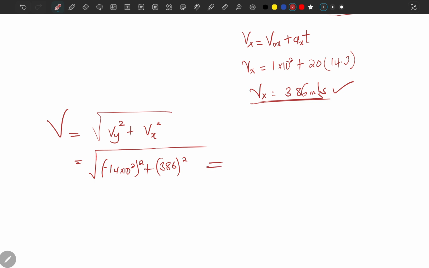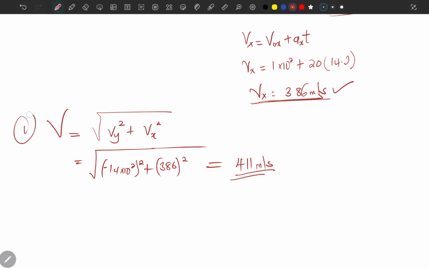Gather your calculators. So root, open brackets, negative 1.4 times 10 to the power 2, then you square everything, then you say plus, open 386, close square. I'm getting 411 meters per second. That is what I'm getting as the velocity.